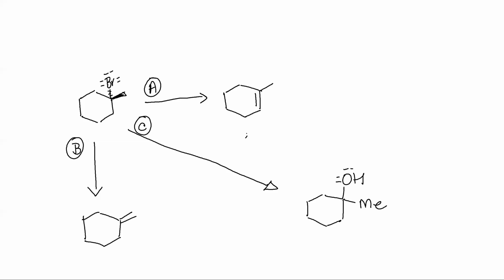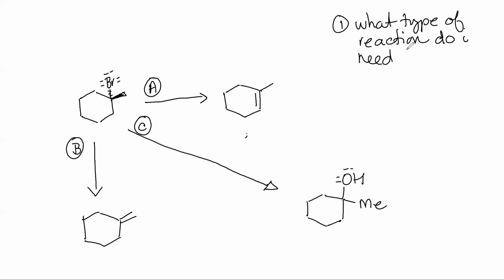Right. So the first question we could ask ourselves is, what type of reaction do I need to do? In this case, it's not super specific in the sense of E1 versus E2 or SN1 versus SN2.